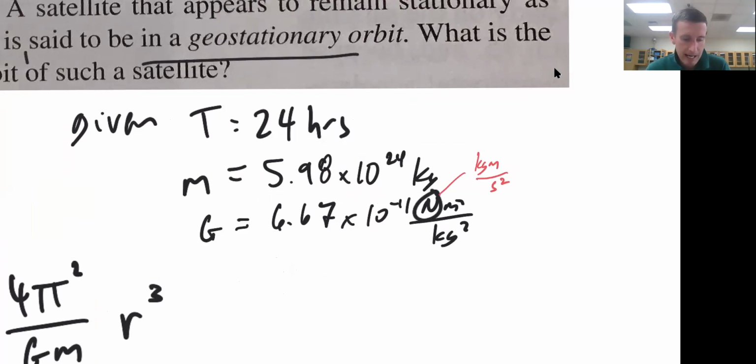So I'm going to make that kilograms meters per second squared, which means this unit becomes kilograms on top, 2 kilograms on bottom. So I'm going to get rid of one of those. Meters on top, meters cubed over kilograms seconds squared. All right, now that works.